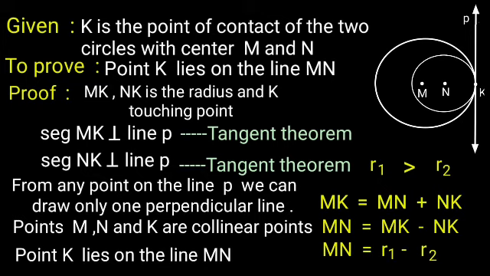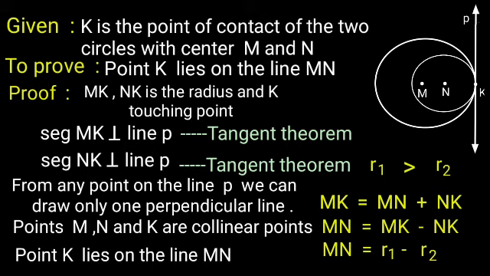We have to show that these three points are collinear, that is, they lie on the same line. Proof: MK and NK are the radii of these two circles and K is the touching point.